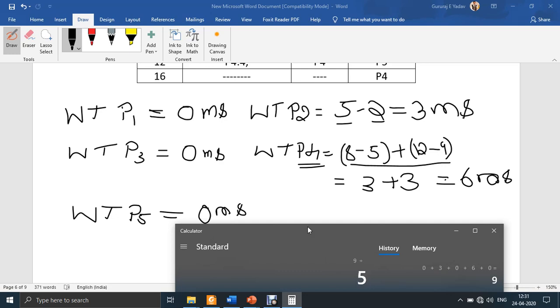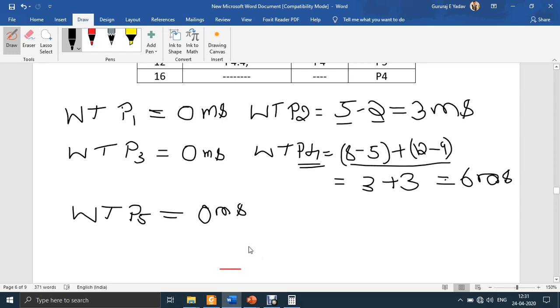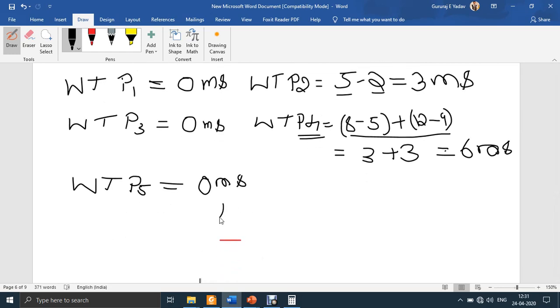That is how we have to take the average. So it is 1.8 milliseconds. So the average WT is 1.8 milliseconds. Hope you are getting this, fine.